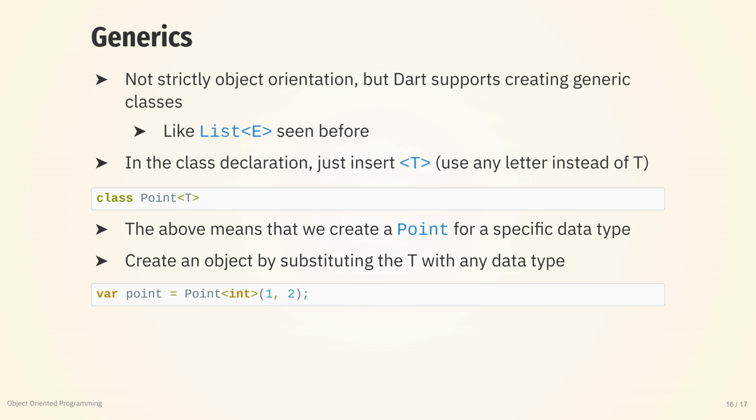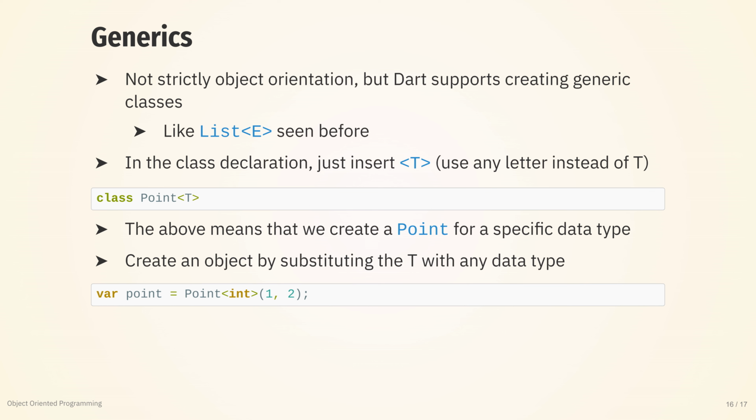Not strictly object orientation, but closely related to it is this notion of generics, namely that we are able to create something like a list, a data structure of some sort, and say that it should be general purpose. It should be possible to instantiate for a specific data type, but we do not want to declare the data type before we create the class.